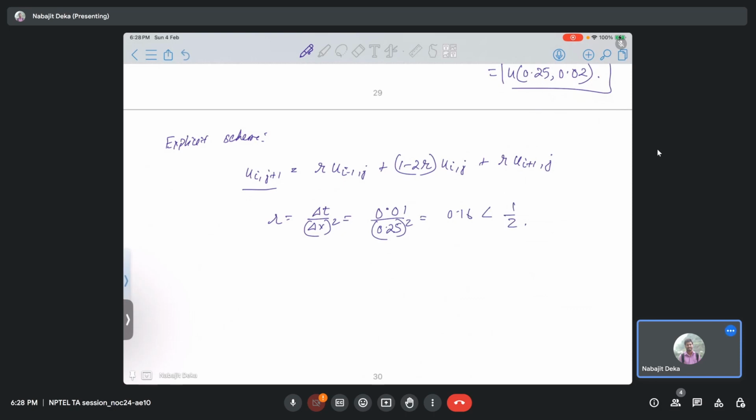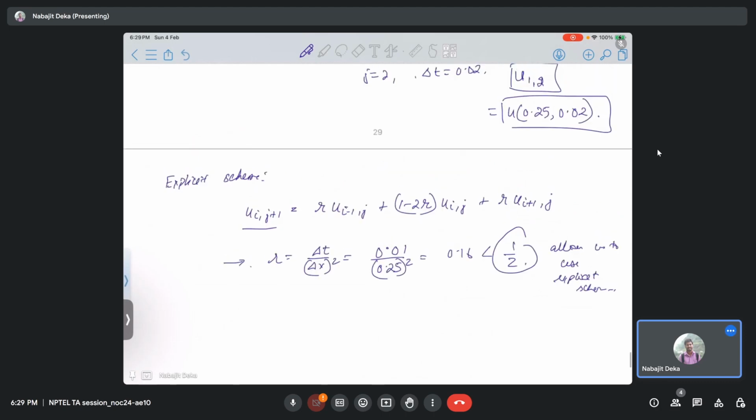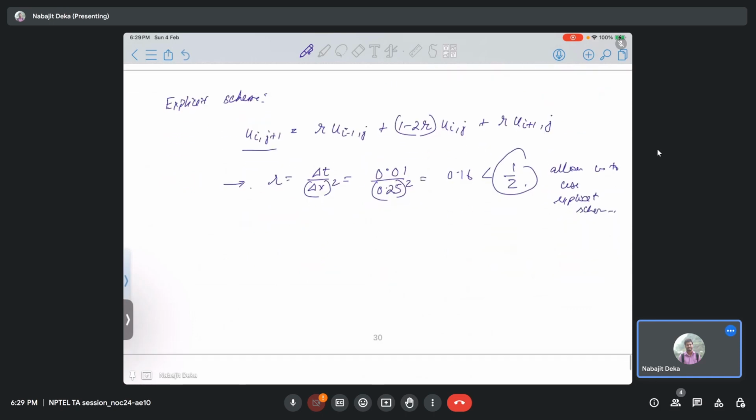So first you check the r, and that allows us to use the explicit scheme. If r would have been greater than 0.5, we would have had no option but to choose the implicit scheme, because the explicit scheme will not be stable in that case.